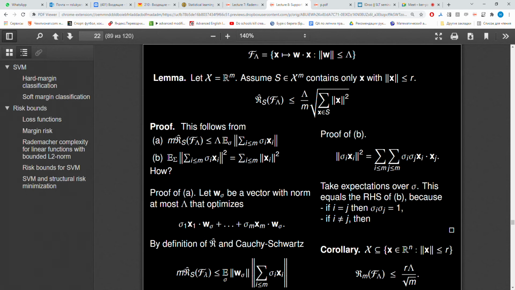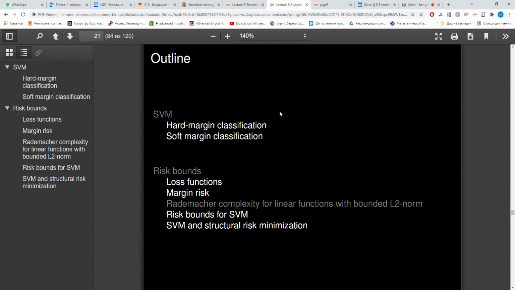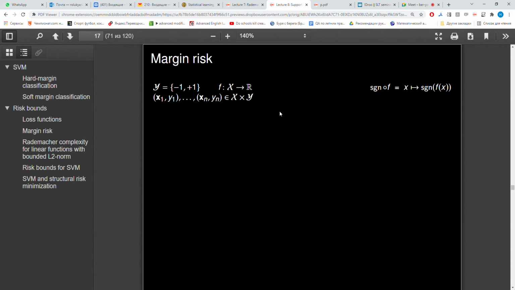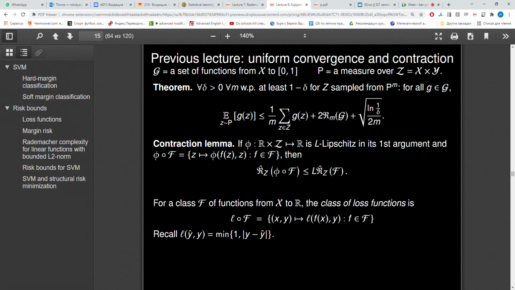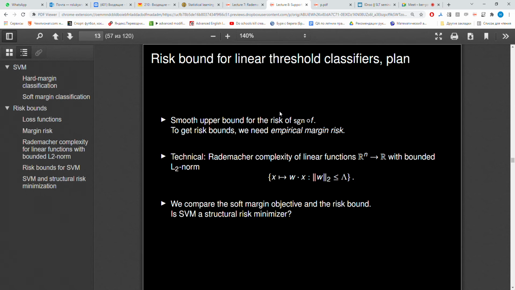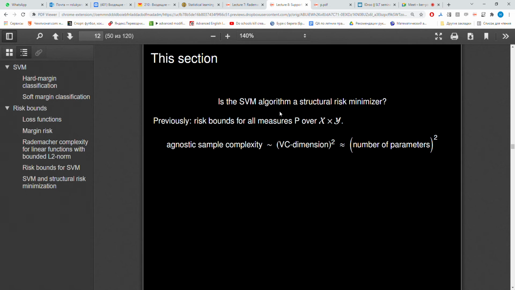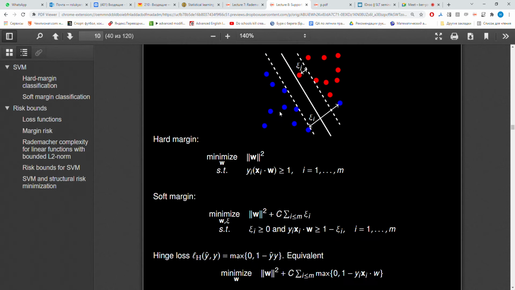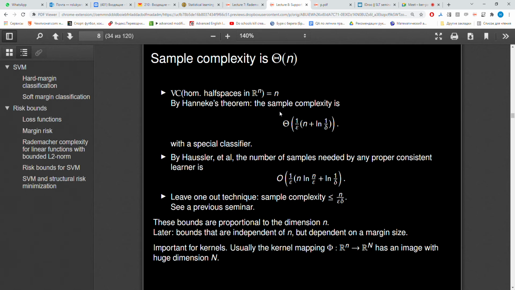In this case, we can bound the empirical complexity. Sorry, one second. I want to open it again before my eyes, because I always forget the notions used. There are too many of them. Where was it?